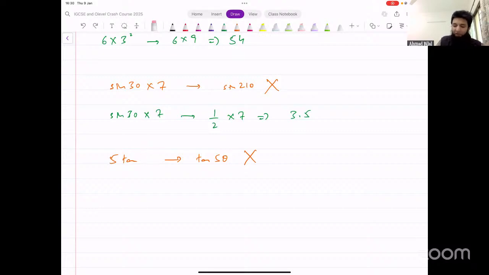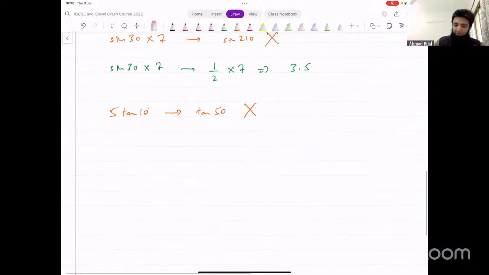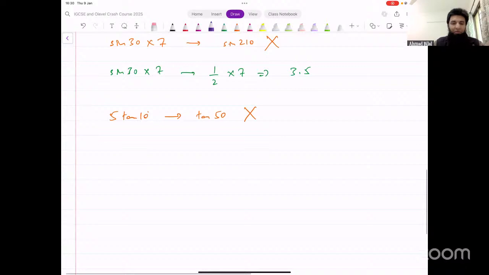And if you have anything else apart from theta, for instance, if I had tan of 10 here, let's say, we cannot make it tan of 50, right? Because unless you evaluate tan of 10 first of all, you can't multiply this 5 inside. That would be wrong. Okay. I hope that makes sense.